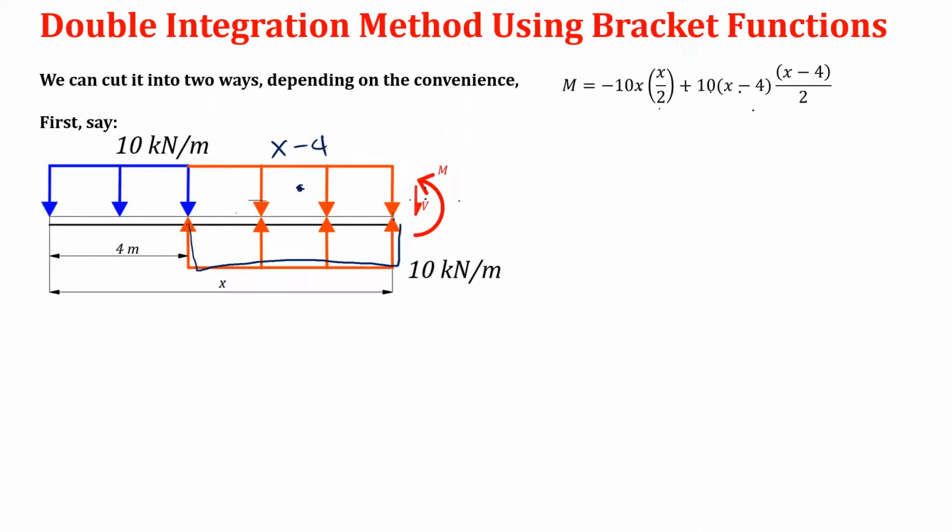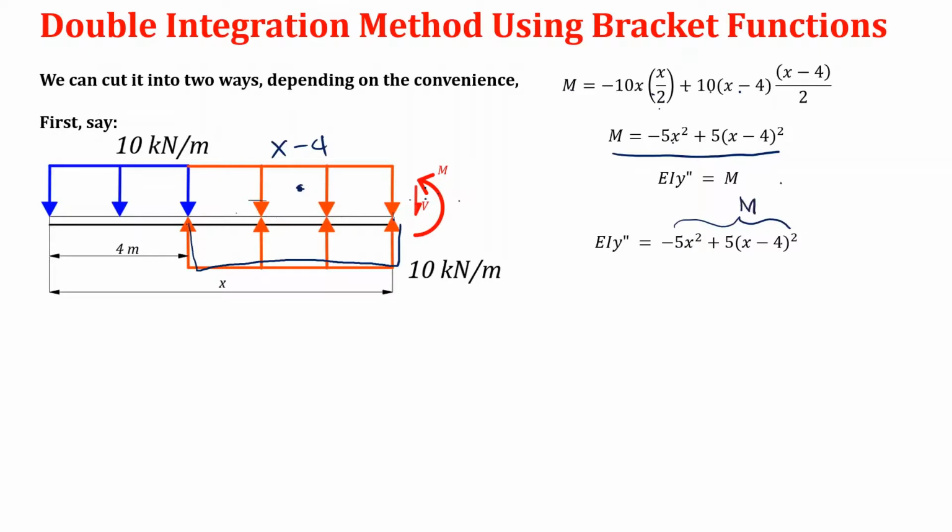Okay? So, nanak tayo moment equation. Okay, so EIY double prime is equal to M. So, EIY double prime is equal to negative 5x squared plus 5 times x minus 4 squared. So, muna itong moment equation. Okay? So, integrate.